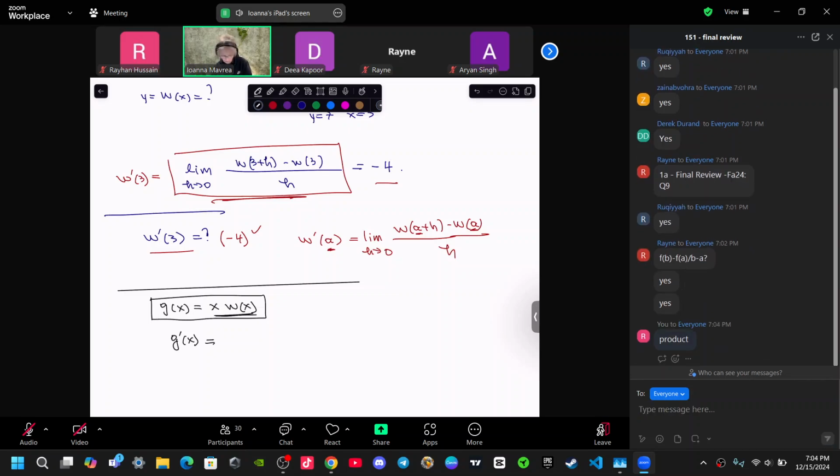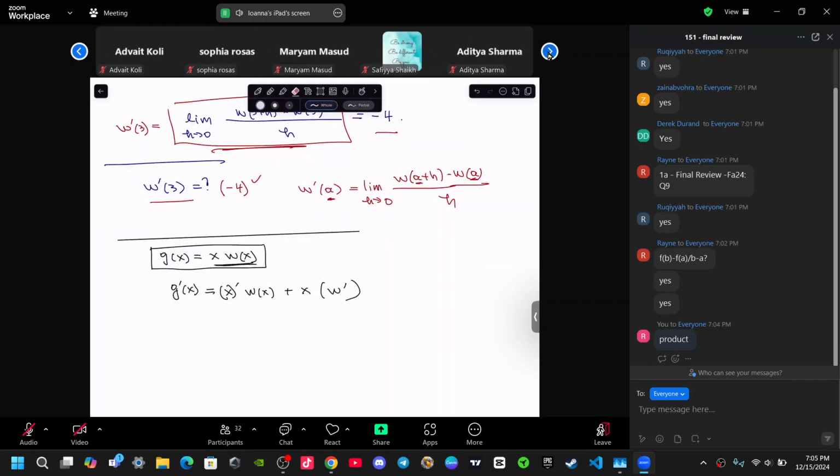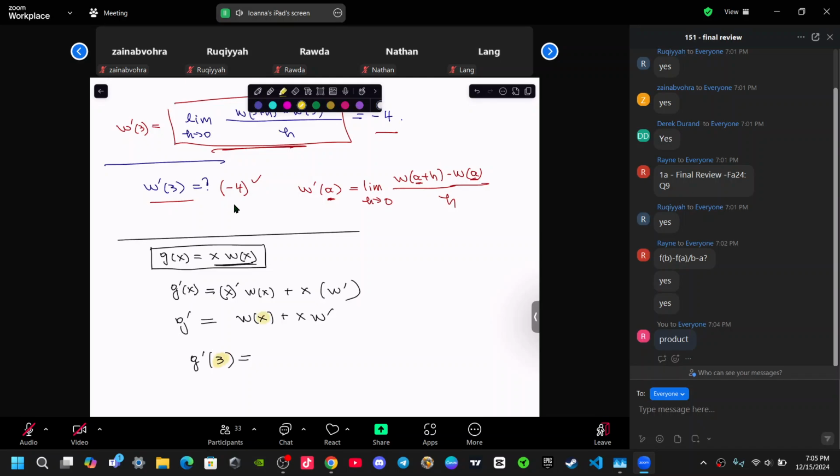The product rule, right? So you say the derivative of x times W plus x times the derivative of W. Okay, the derivative of x is 1. So W plus x times the derivative of W. So that's the formula for the derivative. So if you want the derivative at 3, you're just going to plug in 3 for x inside here.